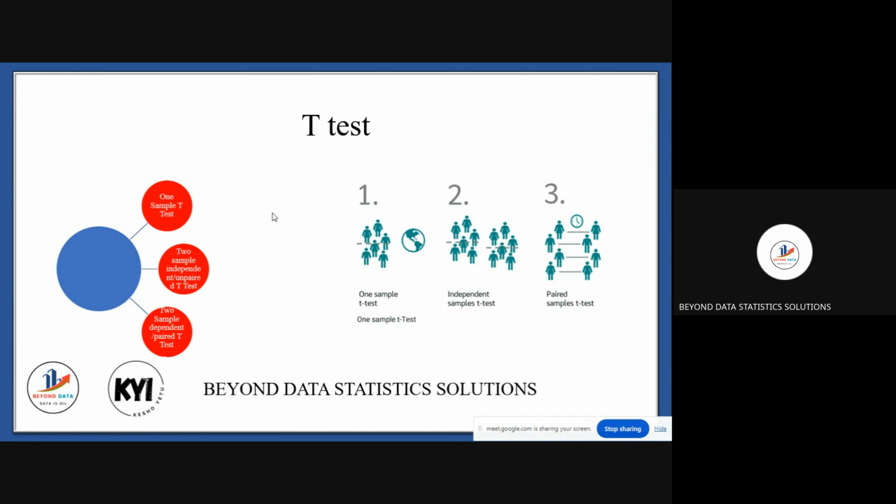So in t-test, a one sample t-test is where, for example, we have scores for the students for a final exam. And we say that the hypothesized average score for the class in a particular subject is, let's say, 75.